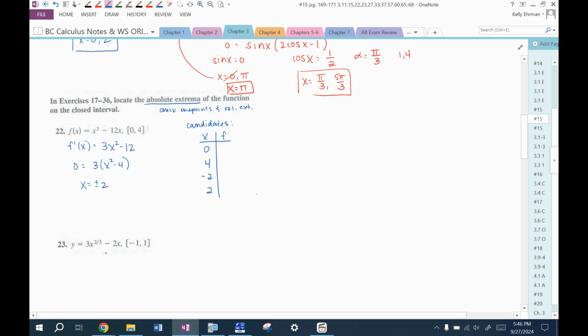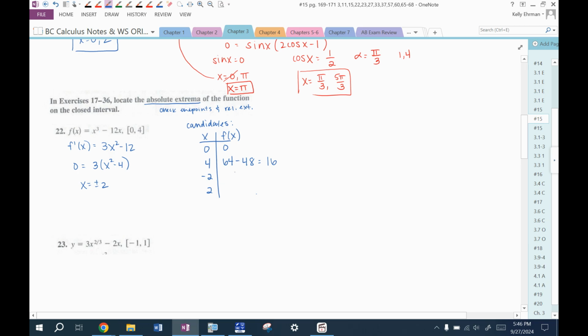And then you're just plugging that into f of x. Make sure you go into the original function, not f prime, and plug in and see what you get. So if you put in 0, you get 0. If you put in 4, you get 64 minus 48, which is 16.